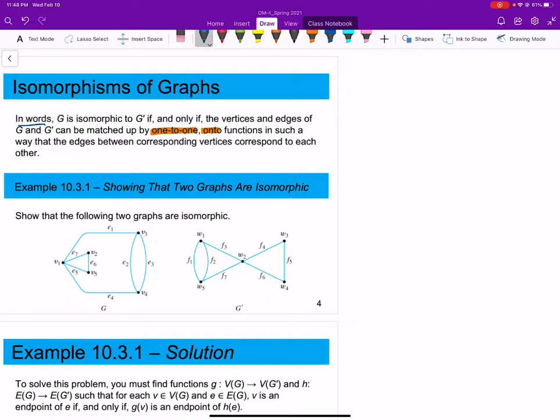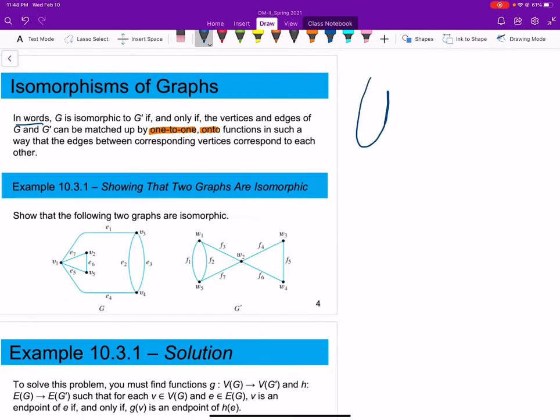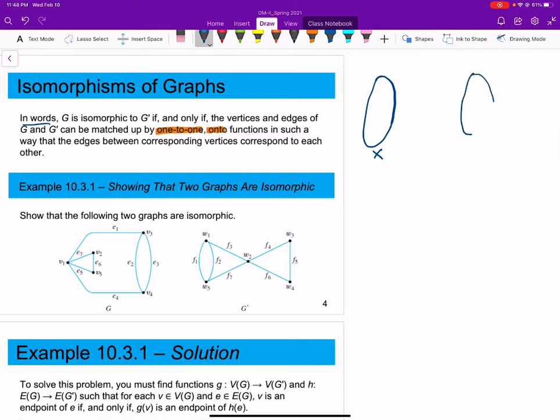First of all, let's learn one-to-one functions. Let's say you have this set, which is x, and that set, which is f of x, and that is the function f. Let's say this has four elements.